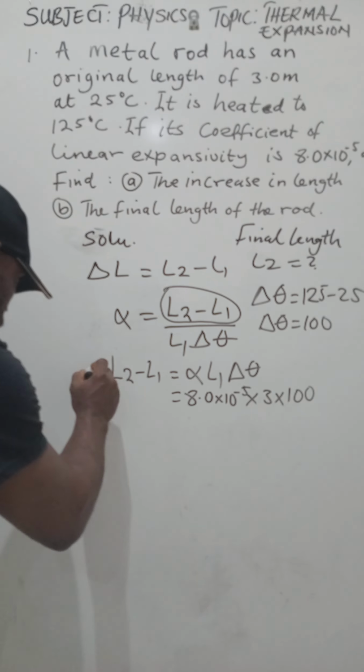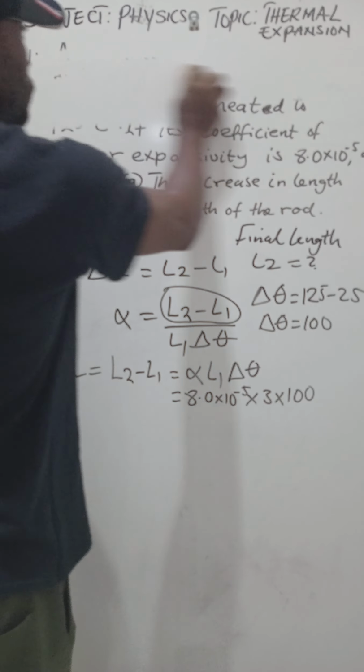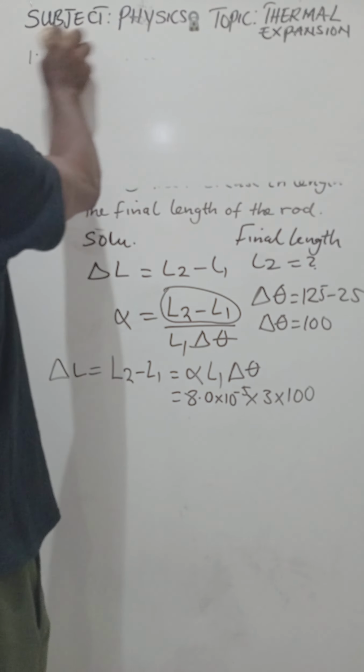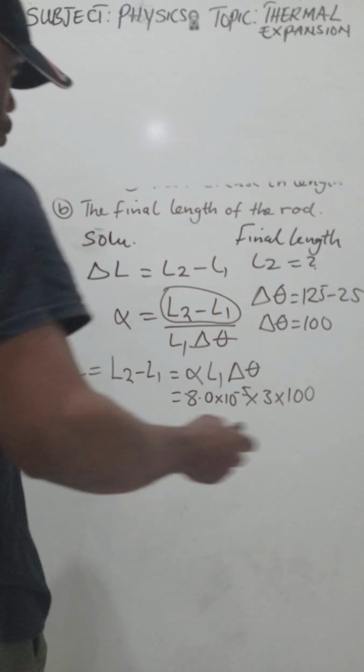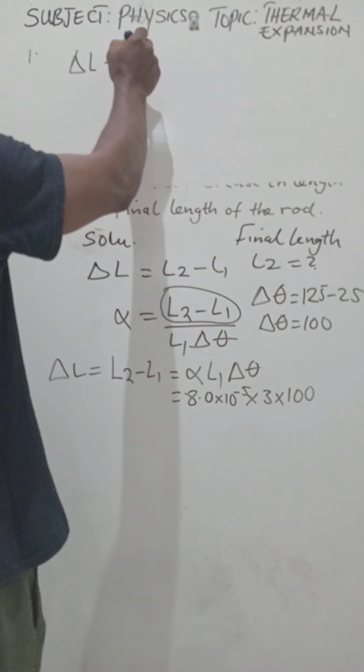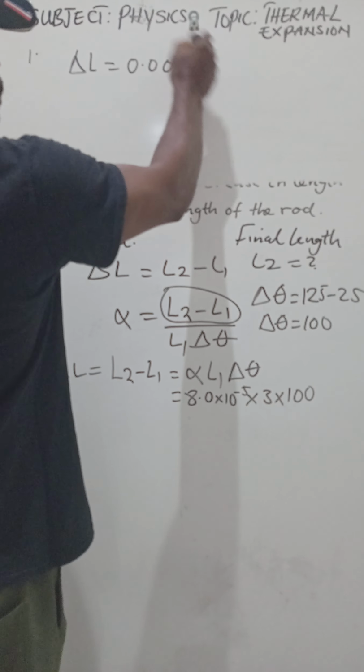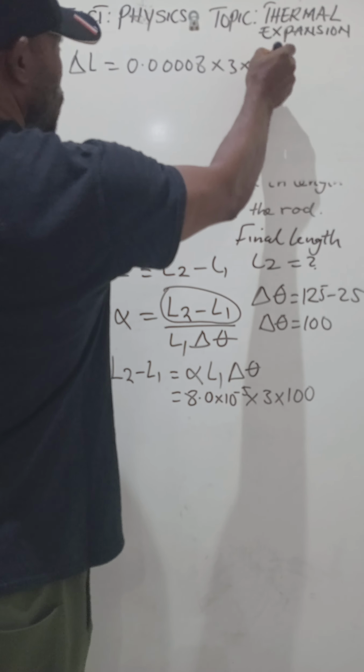So if we multiply through, the change in length is equal to 0.00008 multiplied by 3 multiplied by 100.